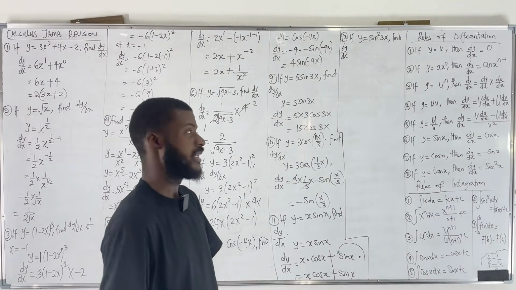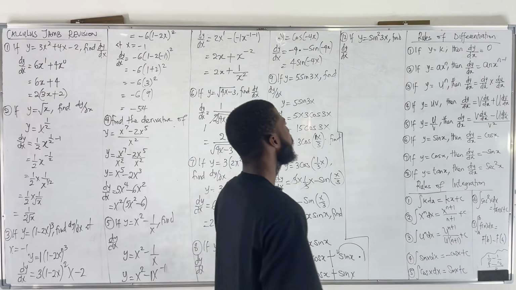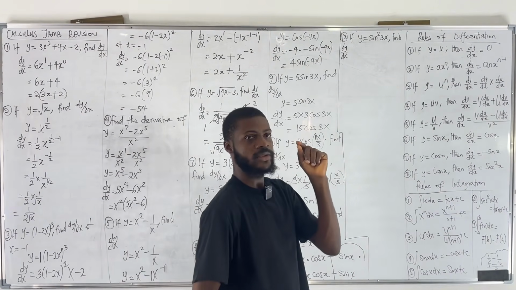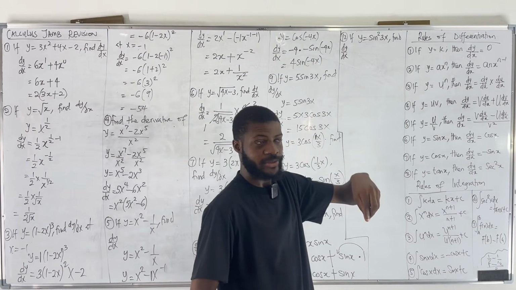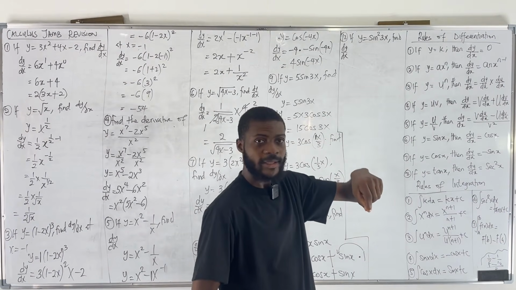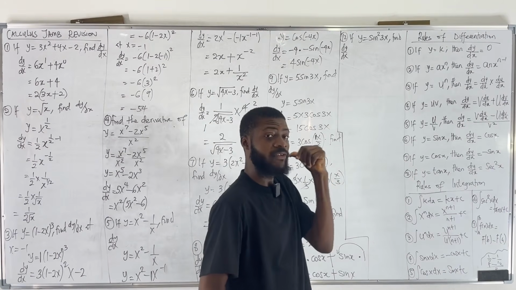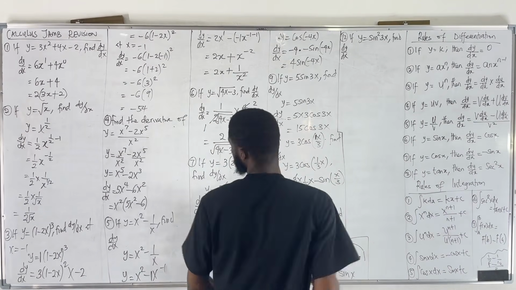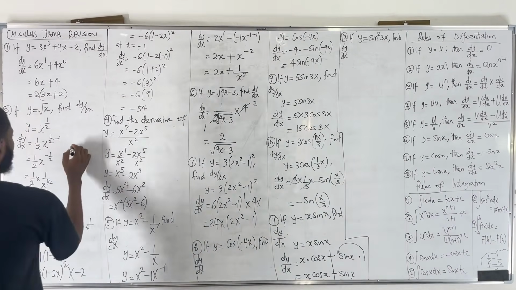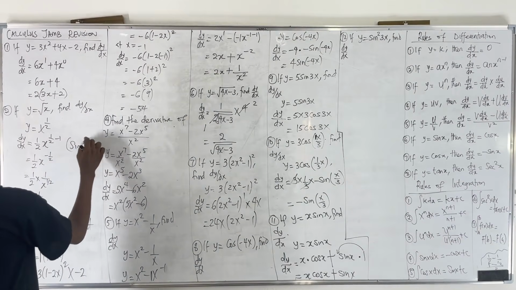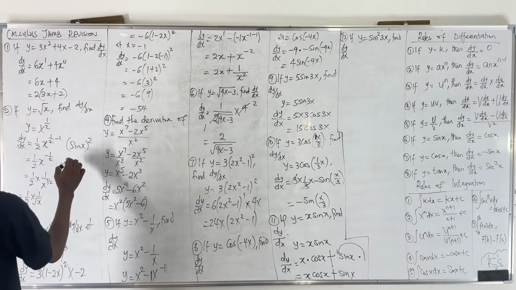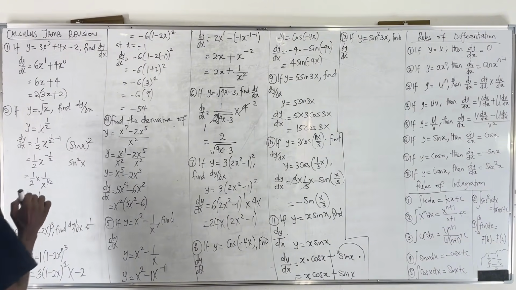Now for this one, you have to be a little bit careful, because the first thing you need to realize is when you square a trig function, the square is always with the function. Let me explain it like this. If you have sine x all squared, for example, this will be written as sine squared x.